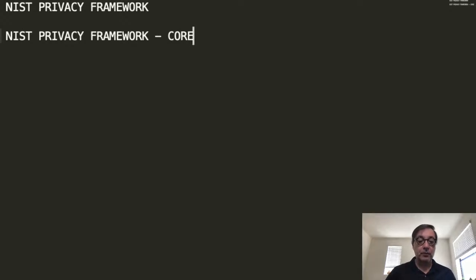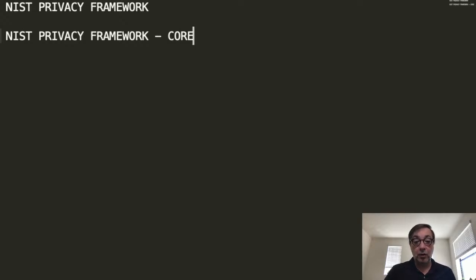But here in the Privacy Framework, they may appear with a bit more of that privacy lens applied to them.